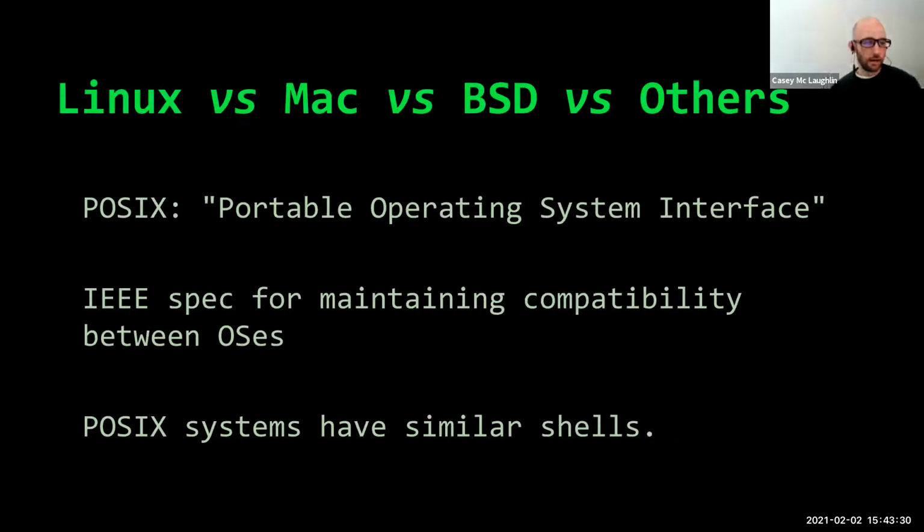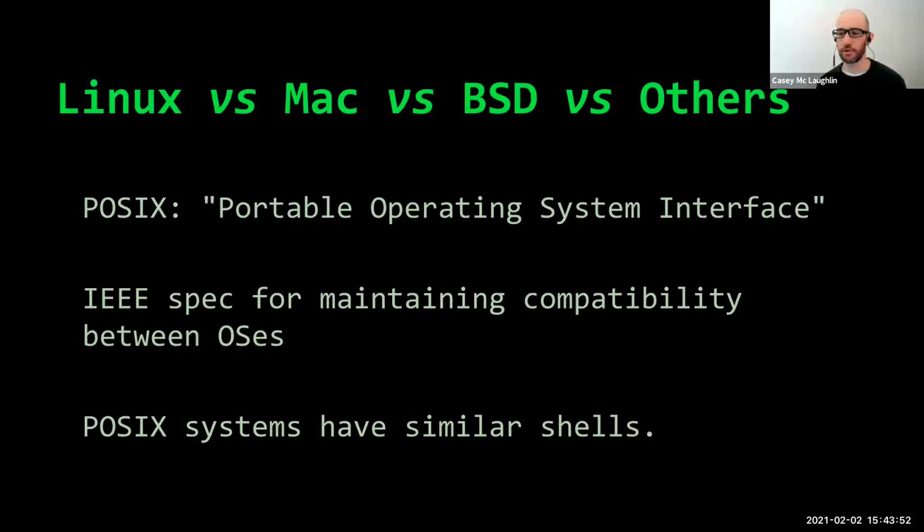But Apple, BSD, and Linux all follow the same standard on their terminals, which is called POSIX, Portable Operating System Interface. It's an IEEE specification for maintaining compatibility between operating systems. And POSIX systems have very similar shells.